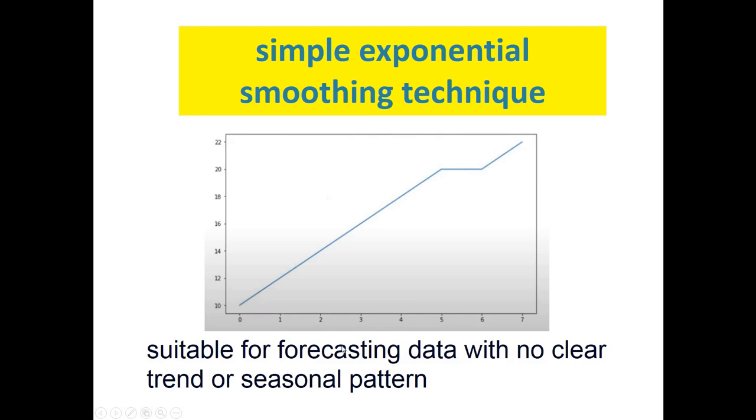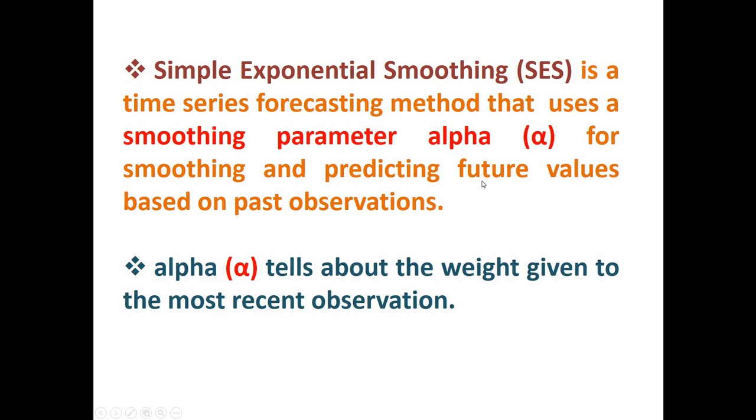So that is why the simple exponential smoothing technique is used, and it is very suitable for forecasting data with no clear trend or seasonal pattern, like what you are seeing on the screen. Simple exponential smoothing is a method that uses a parameter called alpha, a constant which decides how much weightage should be given to the most recent observation.